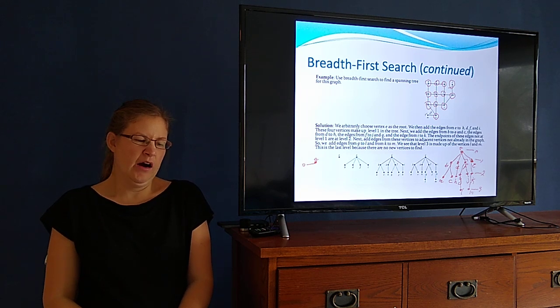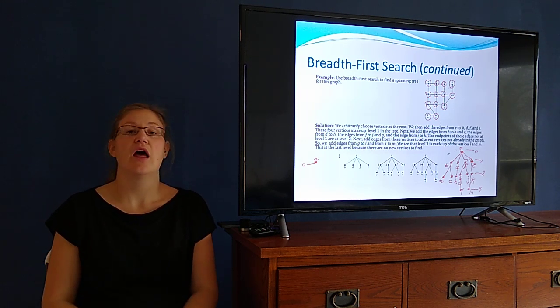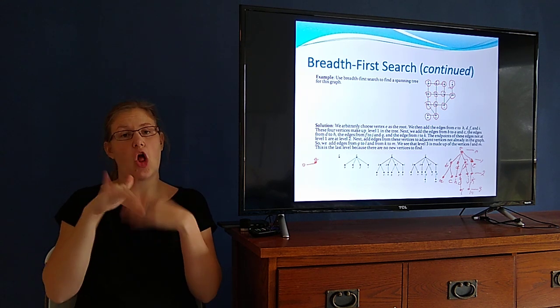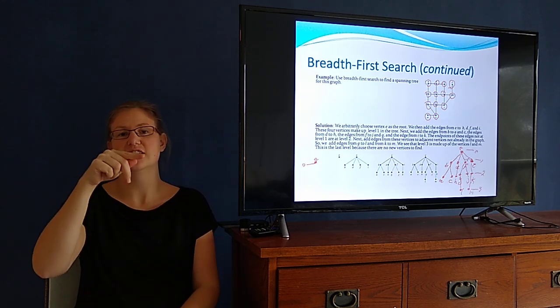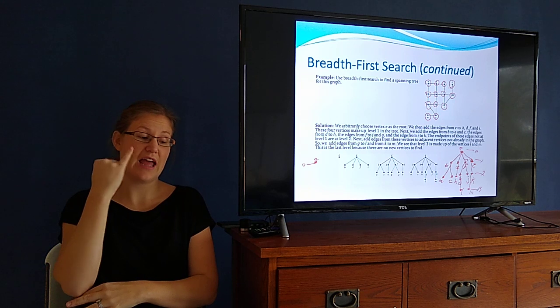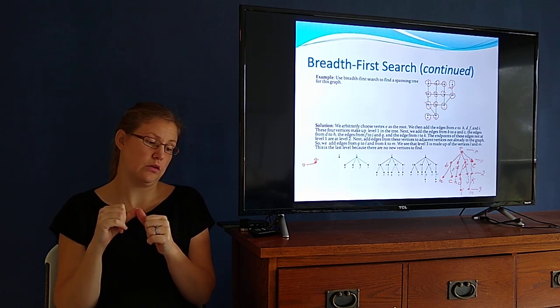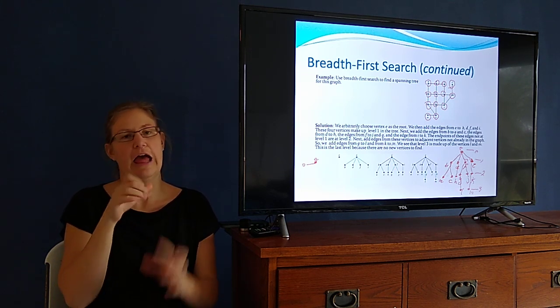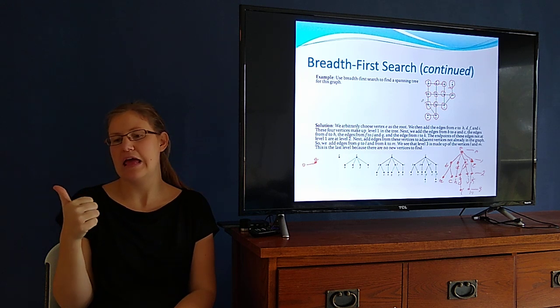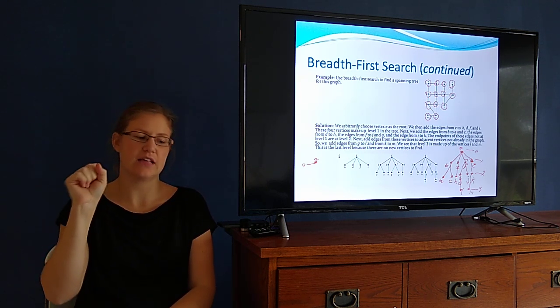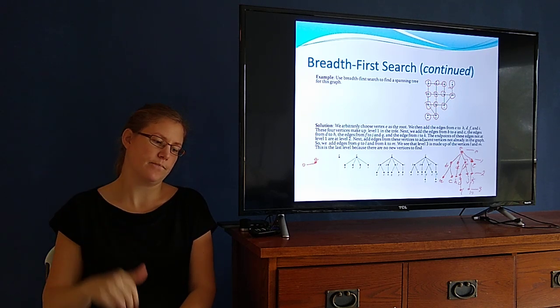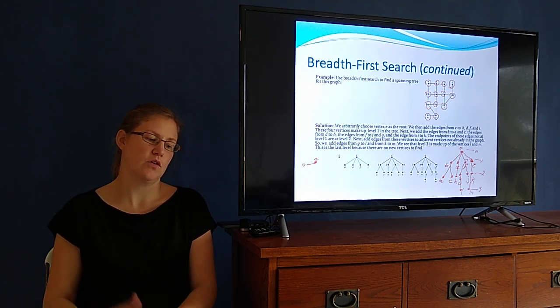We have finished visiting all the vertices, and this is our final spanning tree. If we continue, we have L, which is not connected to any undiscovered vertices, as well as M. So again, this is the spanning tree from this graph.